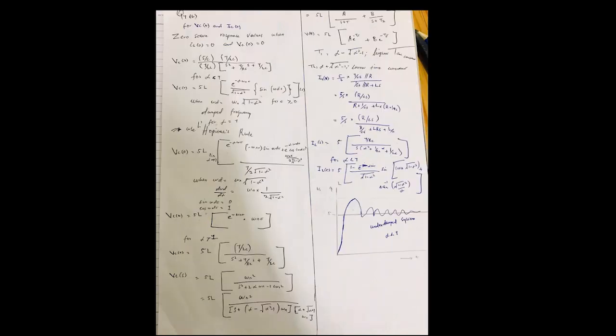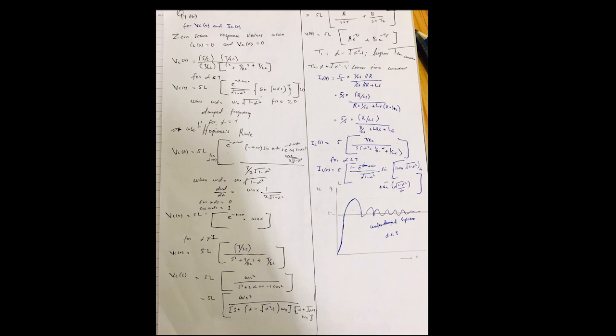So that's it. In question number one, part B says: find the expression of VC(t) and IL(t) for t bigger or equal to 0. Show all your calculations. As you can see here, we calculate our expression for VC(t), and here after we did the calculations, we also did IL(t), the inductor current with respect to time.